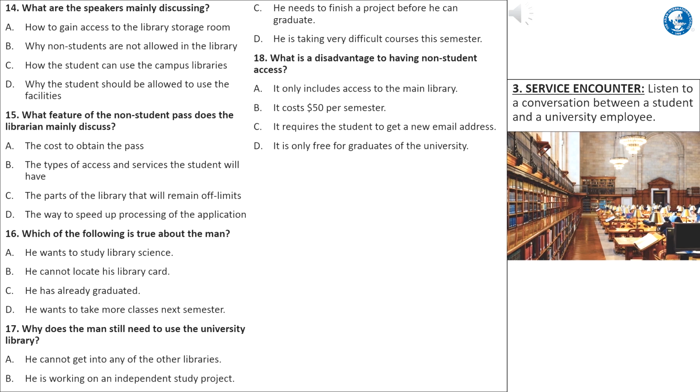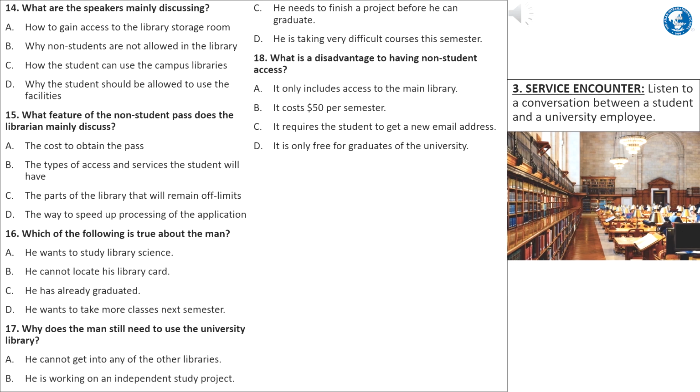14. What are the speakers mainly discussing? 15. What feature of the non-student pass does the librarian mainly discuss? 16.